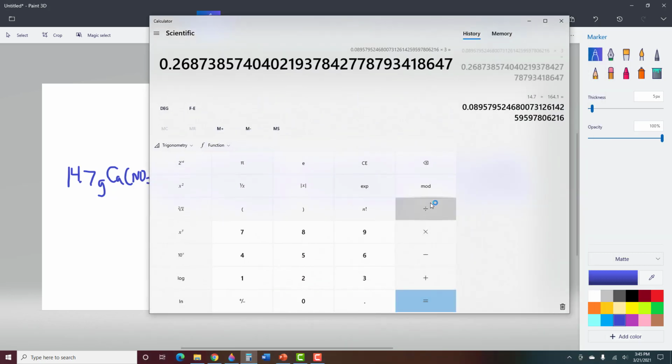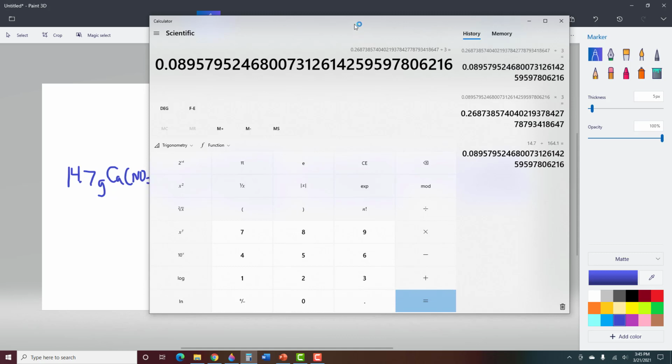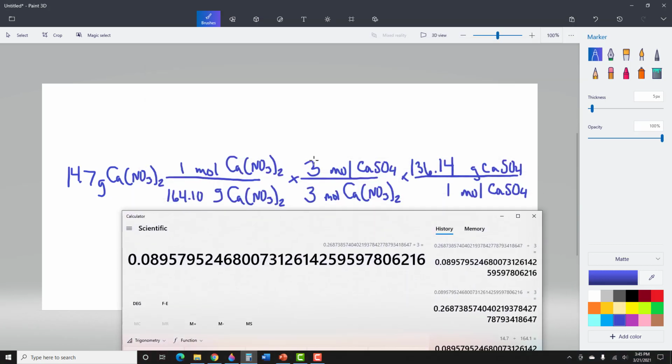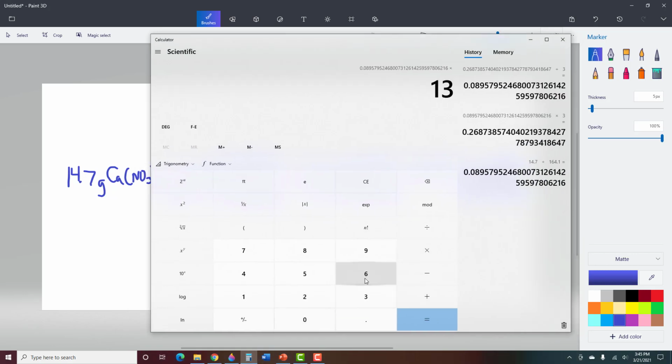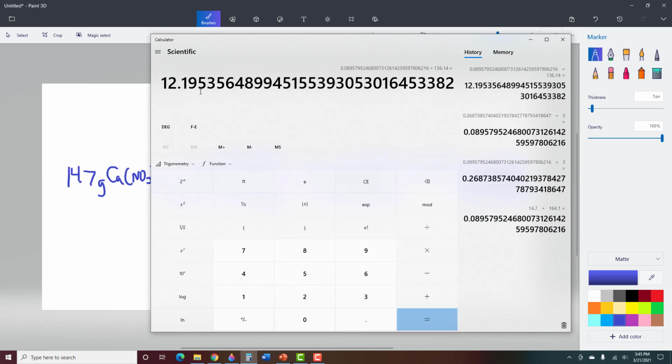Times 3 divided by 3, but the answer ends up the same. So you could just assume this is like multiplying by 1. Then I'm going to multiply by 136.14 and divide by 1, but that's going to give me the same answer.